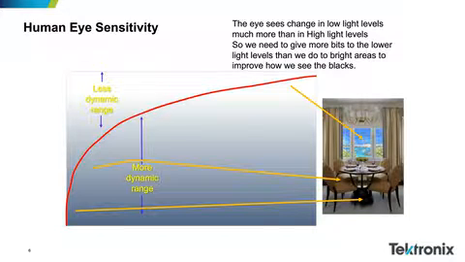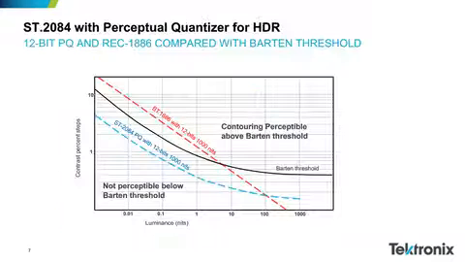So one of the things the PQ curve does is it actually increases the dynamic range for black levels so that we have more data in the blacks and we can actually give better resolution in blacks than we can in 709. So the Barton curve is the threshold that Barton came up with by looking at several subjects and now looking at the eye's contrast curve to light.